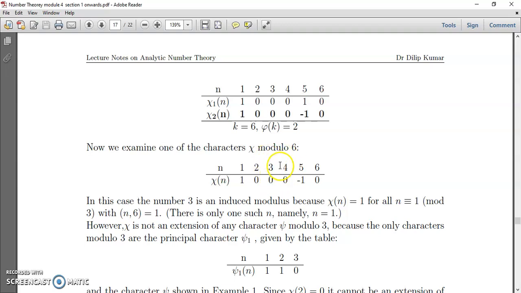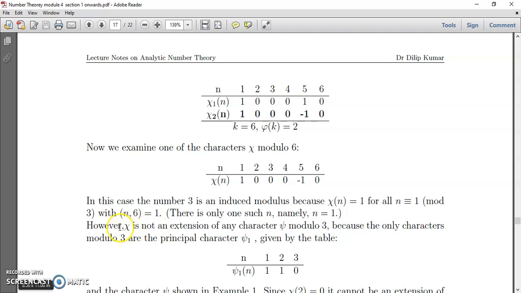Now we want to check whether chi of n is 1 for all n less than 6 with n congruent to 1 mod 3 and GCD of n and 6 equal to 1. We have only one candidate, that is 1, and in that case chi of n is 1. So clearly 3 is an induced modulus for this chi.